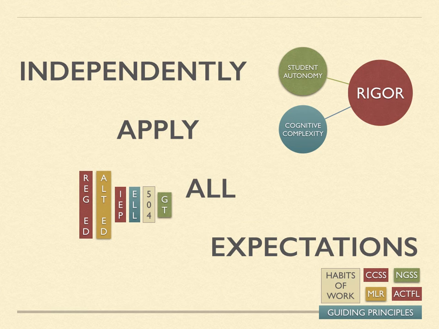So I want to make sure that when we say independently apply all expectations, we're not talking about meeting every single performance indicator. If you're developing a proficiency scale and you want to be proficient, what are your expectations? It might be one standard, it might be one performance indicator. Then what you're saying is, in order to be proficient, you have to independently apply all of these expectations.